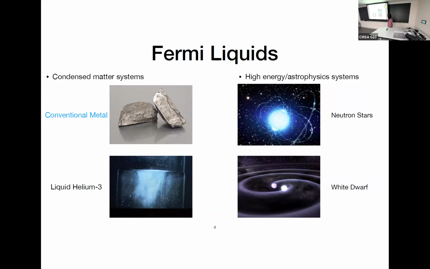In high energy and astrophysical systems, there are neutron stars and white dwarfs. Although we will focus on the condensed matter system, especially the conventional metal, due to limited time, I want to emphasize that the formalism we talk about today will also help us better understand high energy and astrophysical systems.